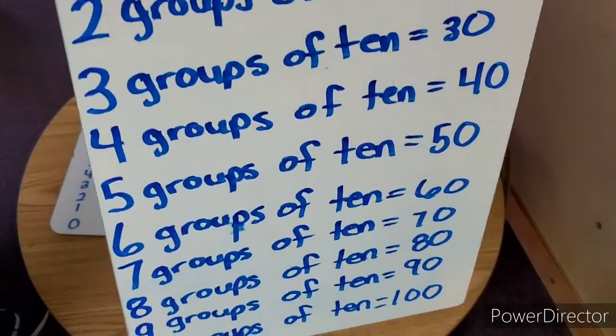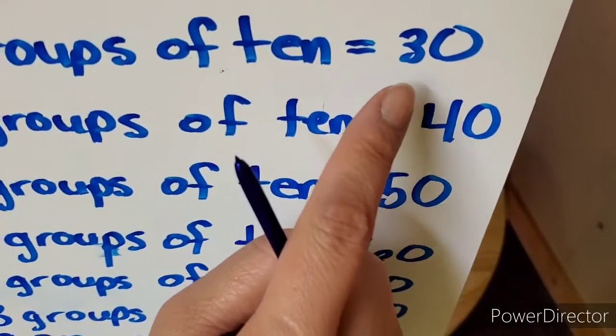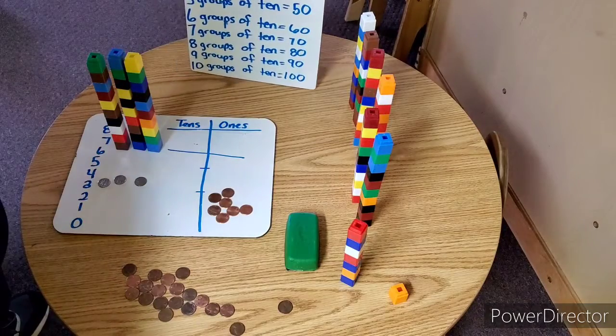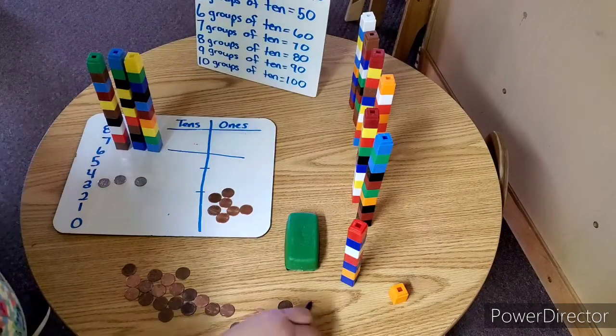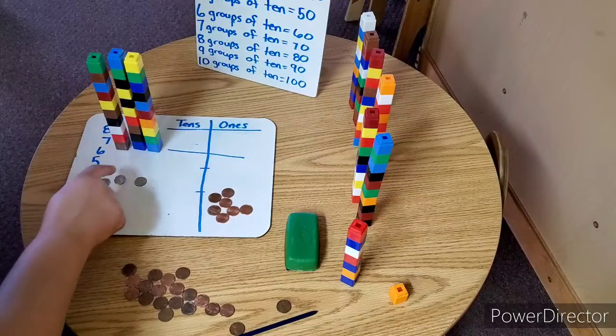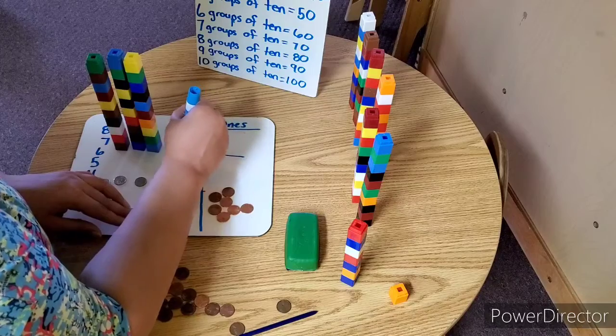Remember? 3 groups of 10 give us 30. So how many tens do we have? 1, 2, 3. So I'm going to write the 3 in the tens place because that's how many I have.